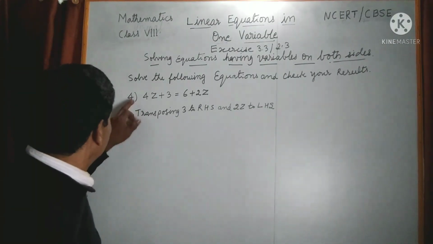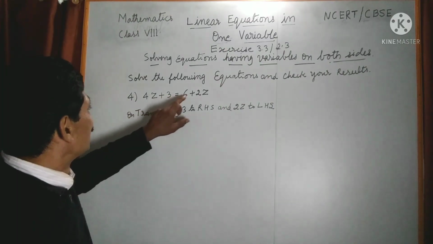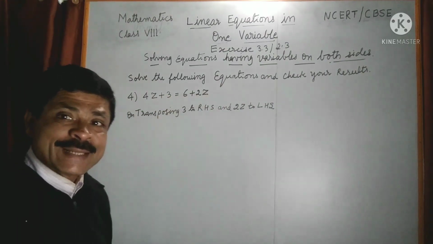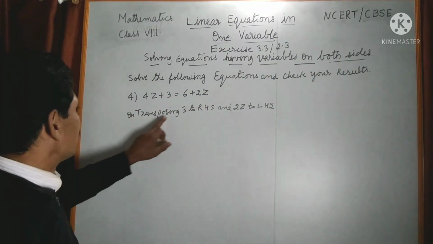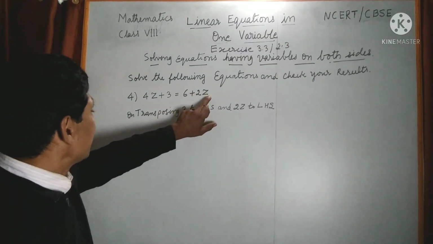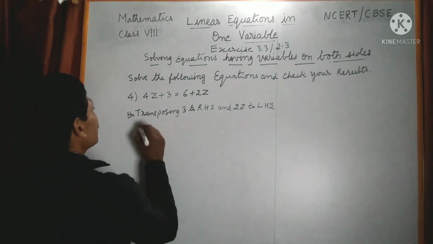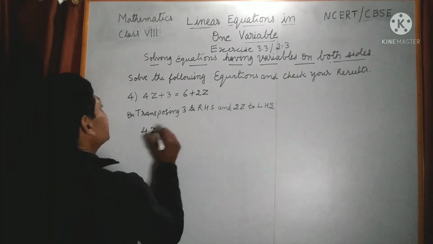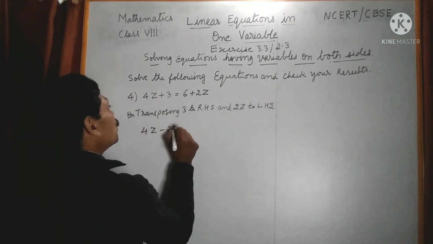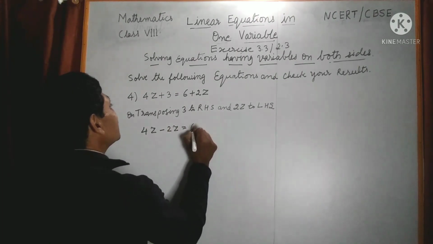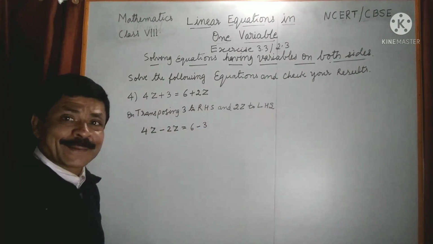Now question number 4. 4z plus 3 is equal to 6 plus 2z. Now on transposing 3 to right hand side and 2z to left hand side, 4z minus 2z is equal to 6 minus 3.